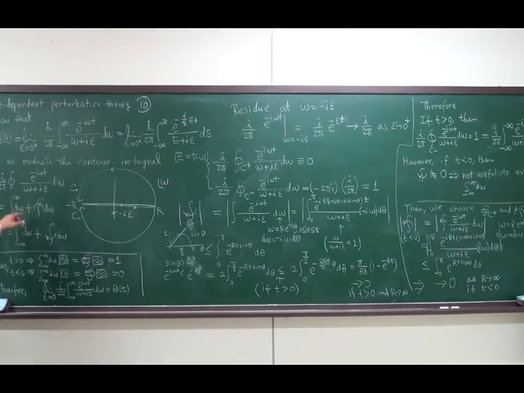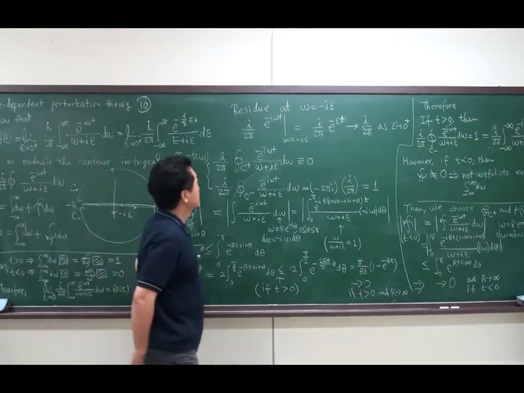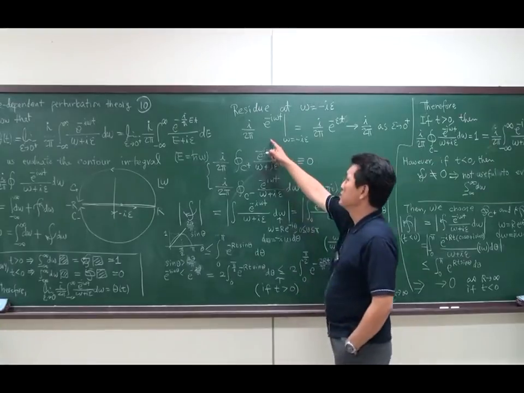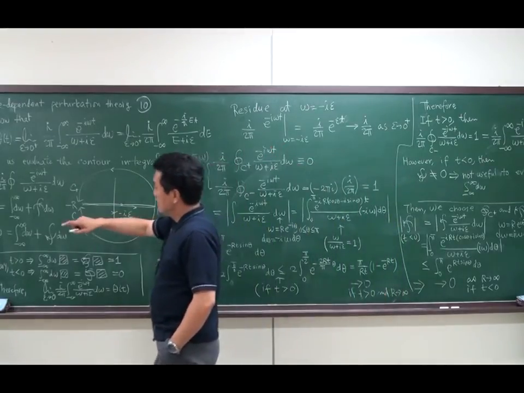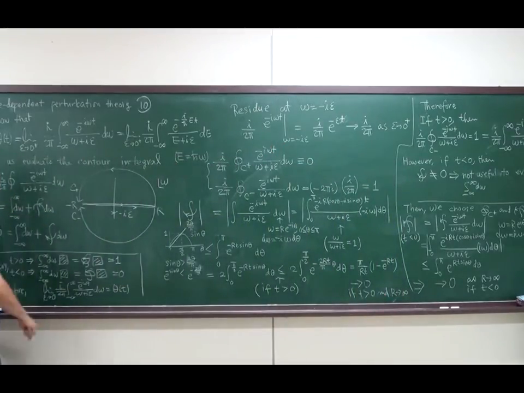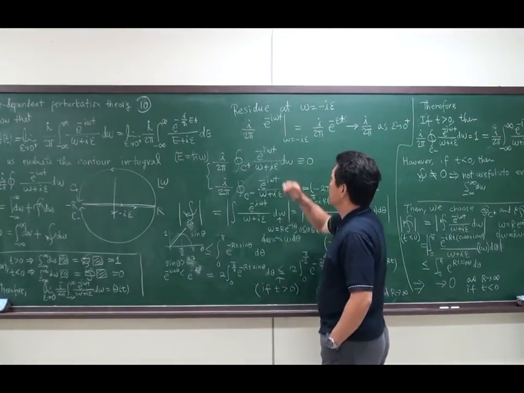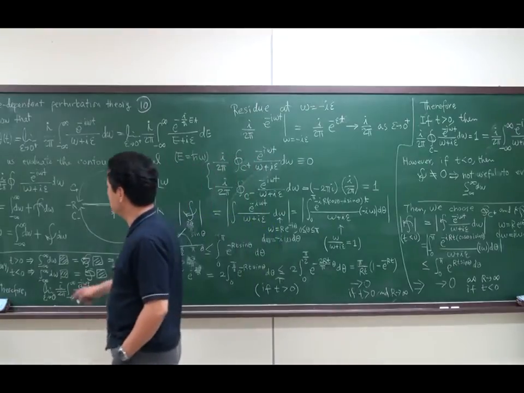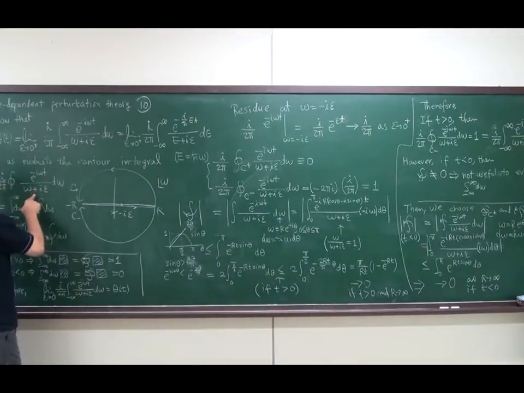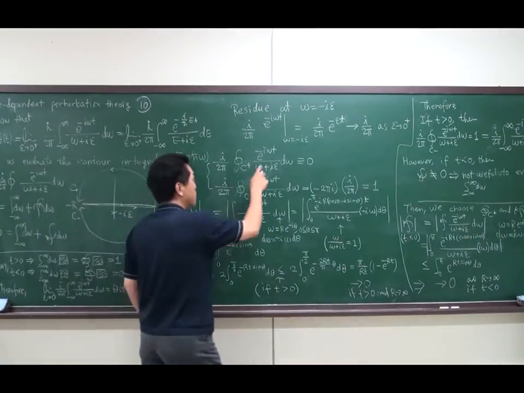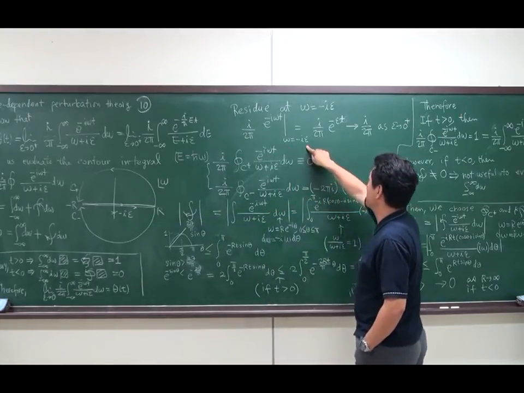As I already told you, the residue of this integral is the value: we have the prefactor i over 2 pi, and exponential minus i omega t in the numerator, and we put omega equal to minus i epsilon here.